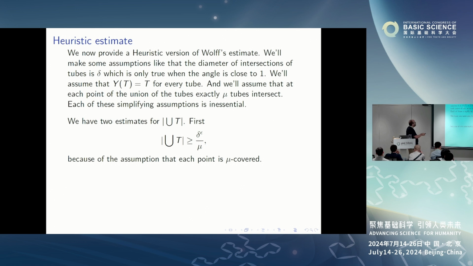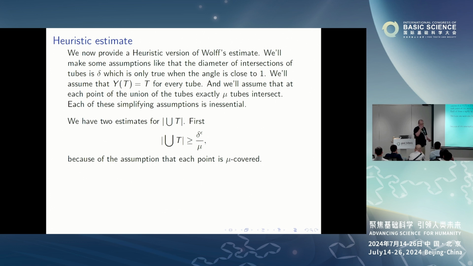We'll also assume that at each point of the union of tubes, exactly mu tubes intersect, and I really mean mu shadings of tubes. And why should that be? I mean, you go from one point to the next, at one point maybe 1 million tubes intersect, at another point a billion tubes intersect.